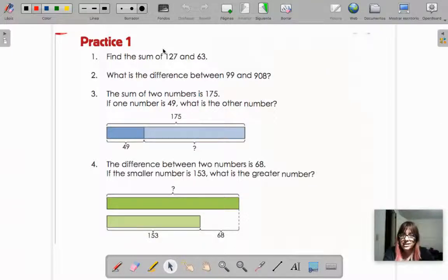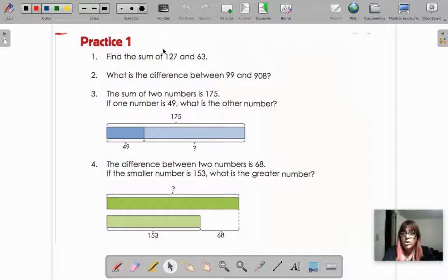This one is super easy, but again, I want to do it with you, like if we were in the school, one by one together. So you can just watch the video all the way to the end and then go do your Google Slides.